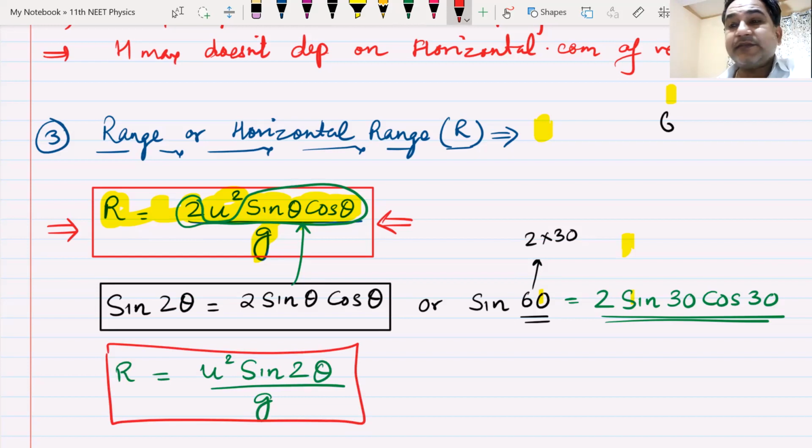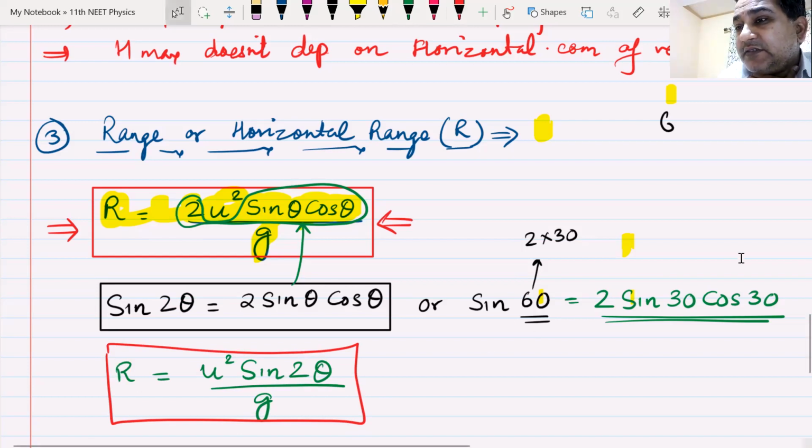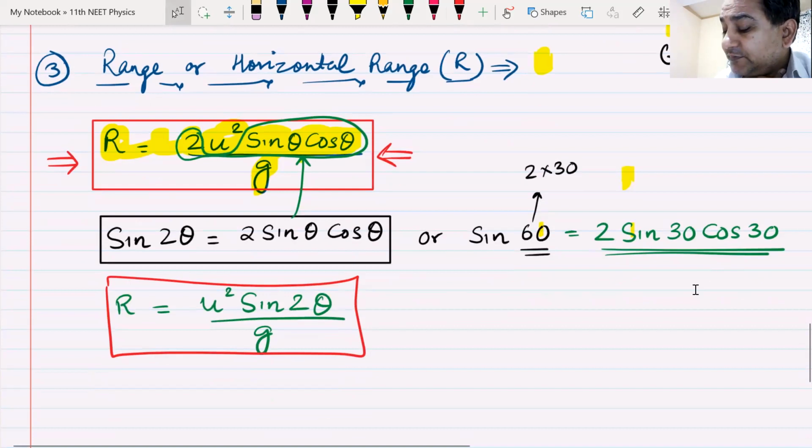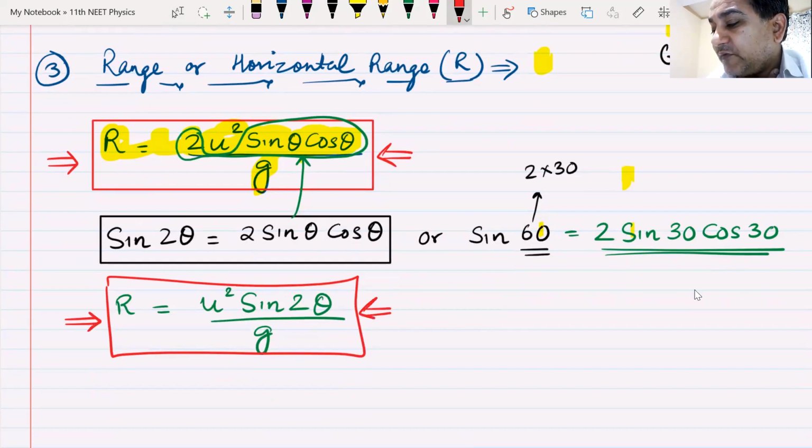We all agree on this? Range can be written as u squared sine 2 theta divided by g. Can I have some raised hands? That's how we understand this. It is pretty simple, nothing else. We have just substituted the value of sine 2 theta.